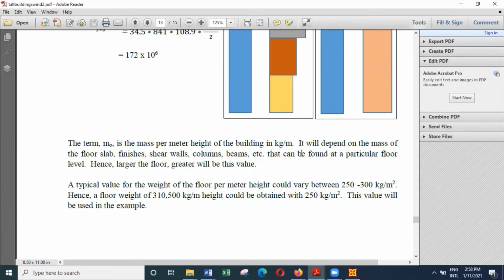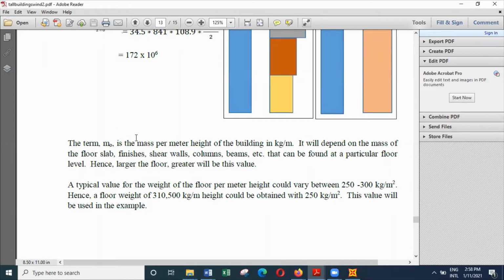Mass of the building per meter height in kilograms, so the unit is kilograms per meter. So how do you calculate the masses? We know in a building, the mass comes from the slab, columns, beams, finishers, services, all can contribute to the mass.